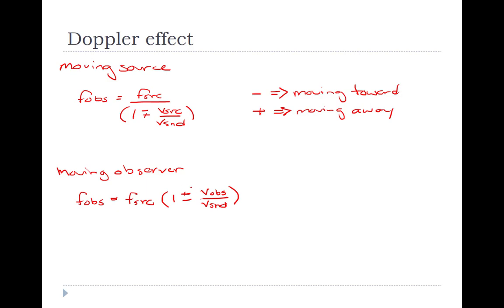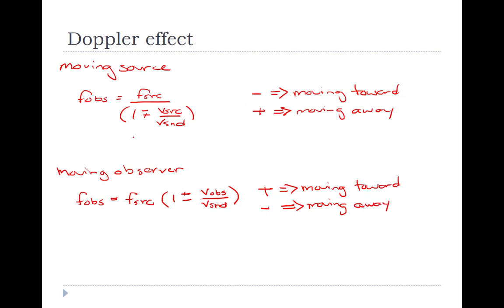And now plus or minus, same thing as above, but regrettably they switch. So in this case, the positive sign, the plus sign, corresponds to moving toward, and the negative sign, the minus sign, corresponds to moving away.